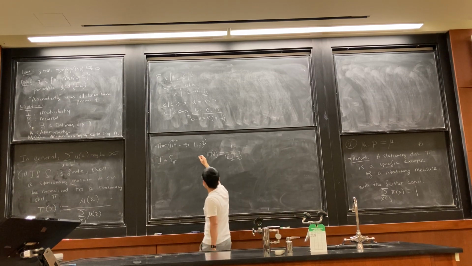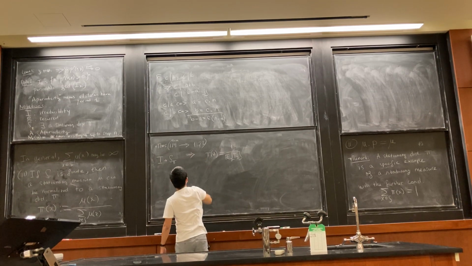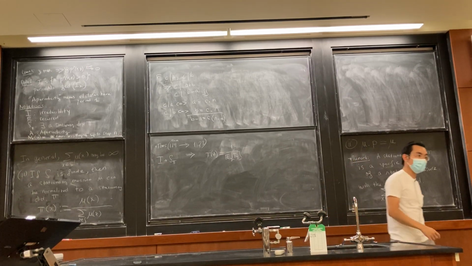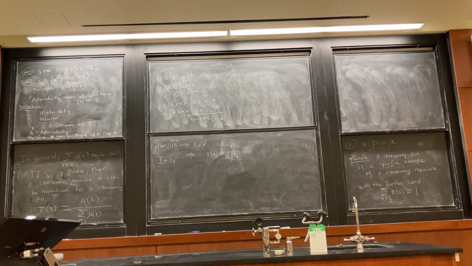So if I know that the chain is irreducible, and I know it has a stationary distribution pi, then pi is given by that formula.